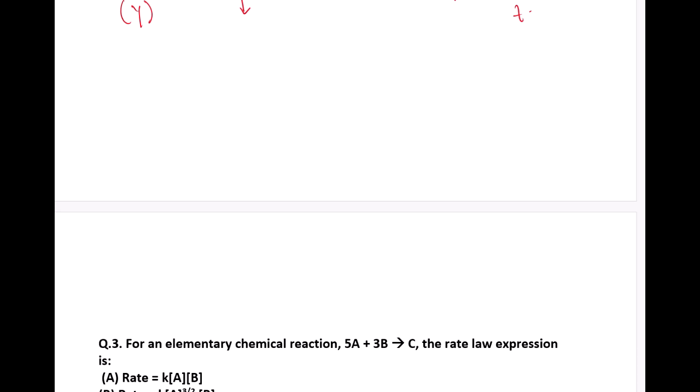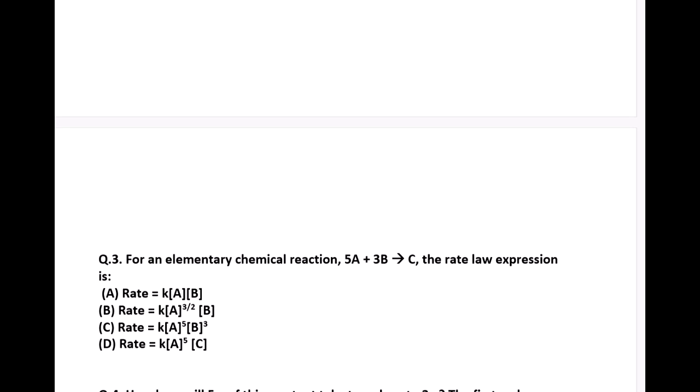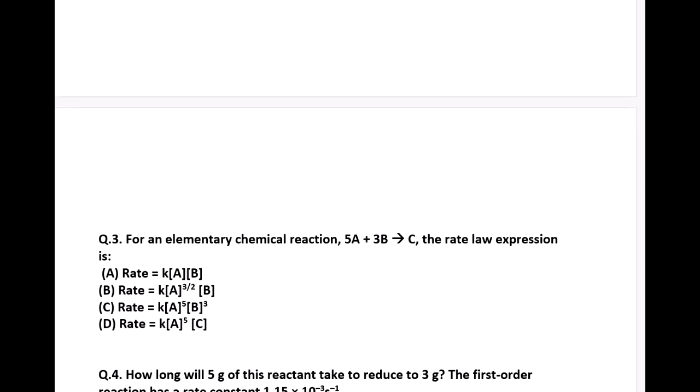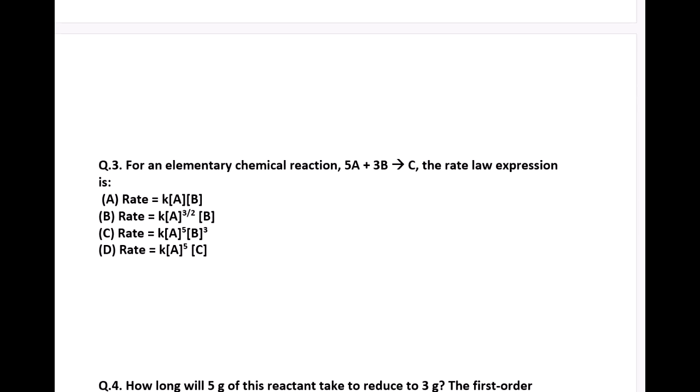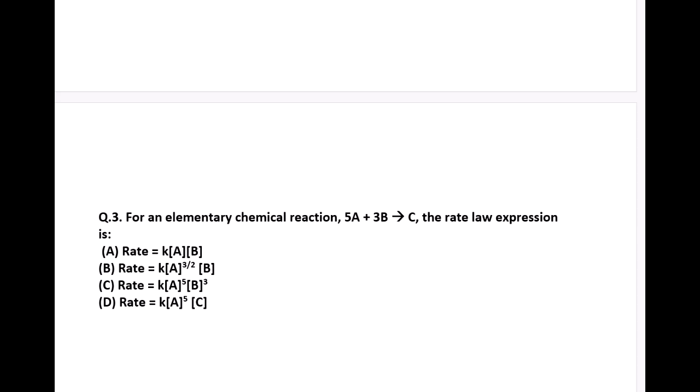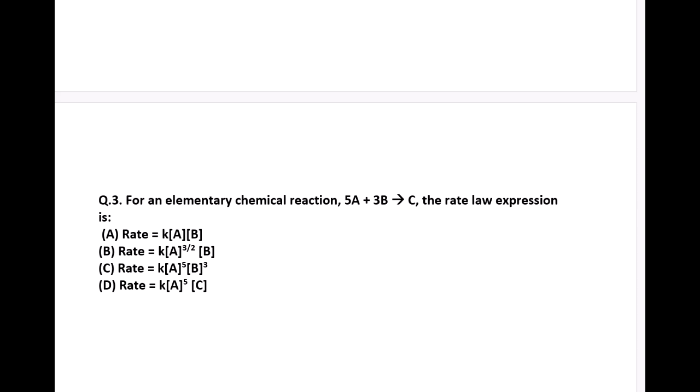For an elementary chemical reaction 5A plus 3B gives 2C, the rate law expression is asked. This is also a very important question. We can write the rate law in various ways, and here we are following another way to write the rate law using the rate constant.